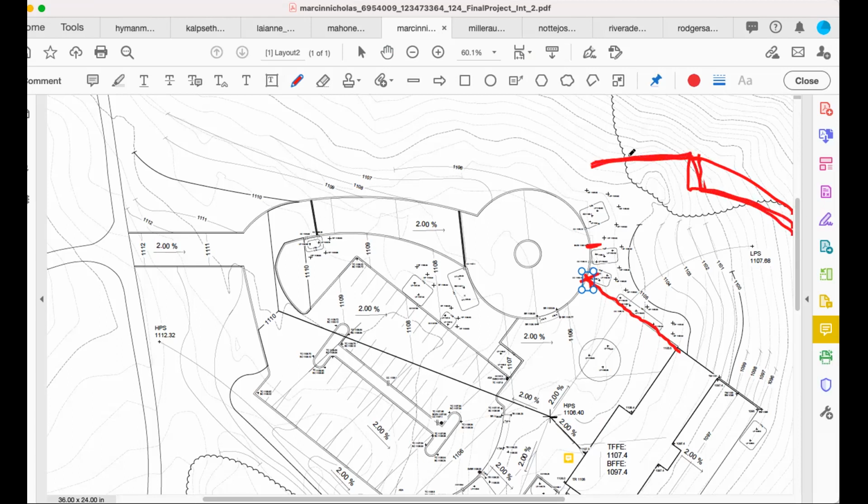You're basically smoothly transitioning to the lawn area at the edge here. So that is one line. You don't need a curb cut over here. This will be extended.